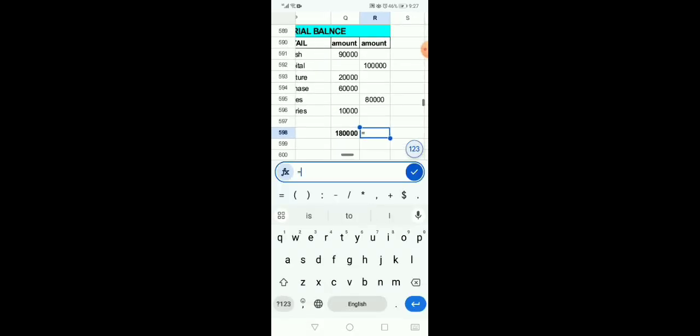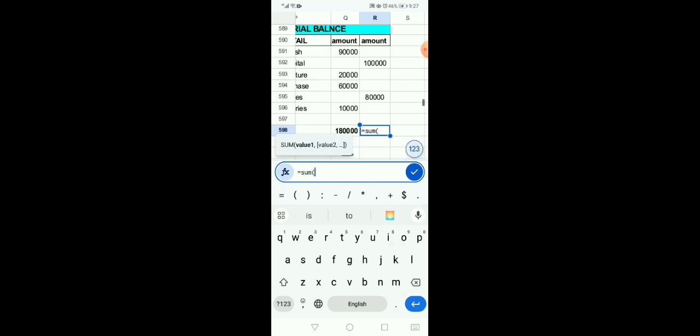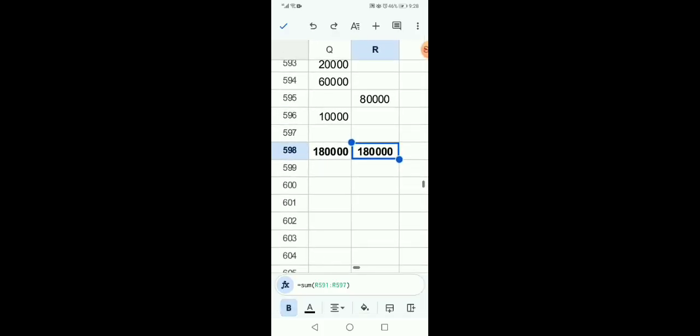If you take the sum of the debit side, it would automatically be equalized with the sum of the credit side. That means the sum of the debit side would be equal to the sum of the credit side. Let's take the sum present on the credit side. This way you have calculated the sum, and now you can see the sum of the credit side is equal to the sum of the debit side. It has automatically been equalized.